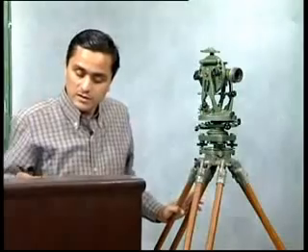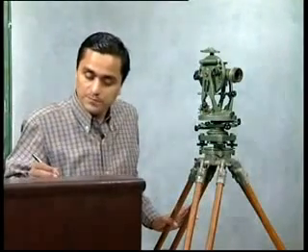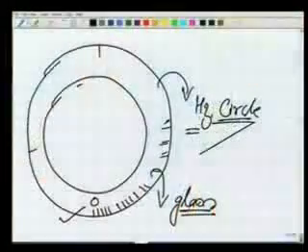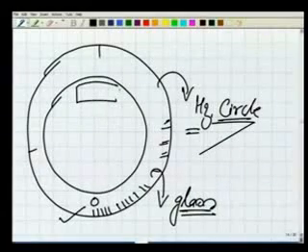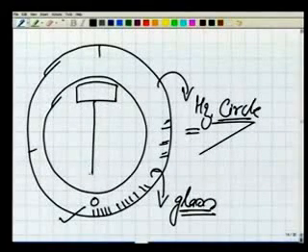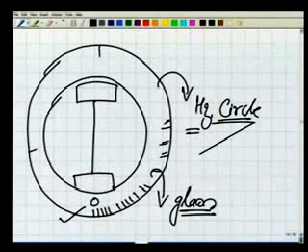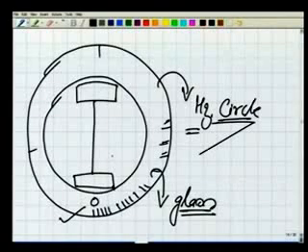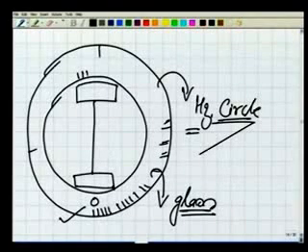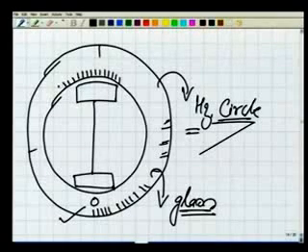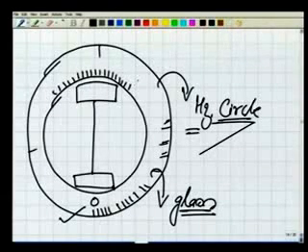Now it is very obvious, if you are seeing the reading, what are we seeing it against? Well, in the case of this horizontal circle, there is one additional thing which we say index. Index may look like this. What is this index? In the horizontal circle we have the graduations, and depending on the type of the theodolite, these graduations will vary.